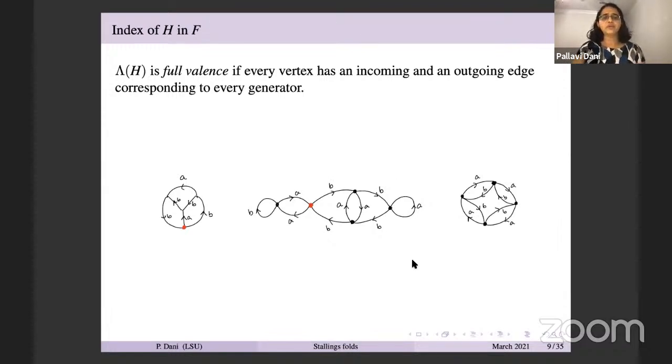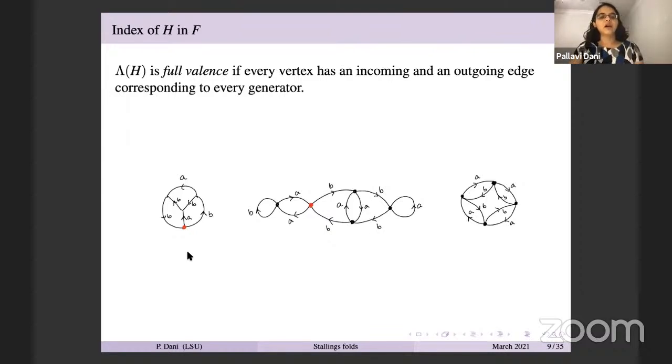And in order to define the characterization of index, I want to introduce this terminology, which, by the way, is not standard terminology, but it's just convenient because I'm going to use it later. Okay, so I'm going to say that a graph is full valence if every vertex has an incoming and an outgoing edge corresponding to every generator.